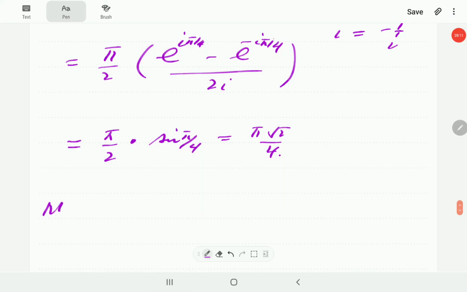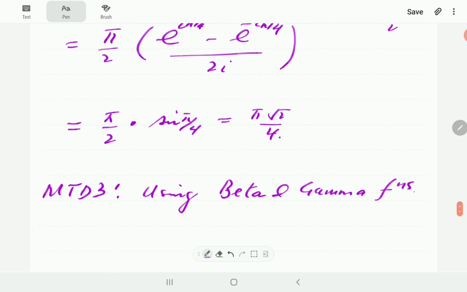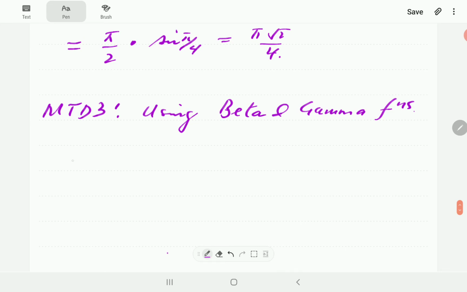Then in the last method, of course, these are examples in the chapter on beta functions. So we have to see how beta and gamma functions apply in evaluating this integral.